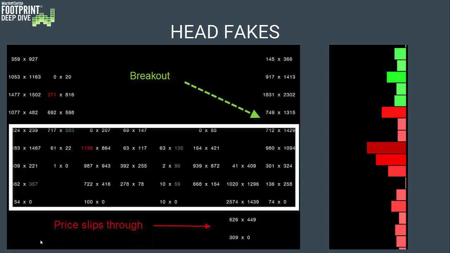On the right side of this slide is a delta profile I'll cover in a moment. Head fakes, you get a breakout, but it's almost like you get back-to-back breakouts, and one was a fake. I'm going to explain the dynamic and the emotions behind why a false breakout creates the real breakout, and call it a head fake.